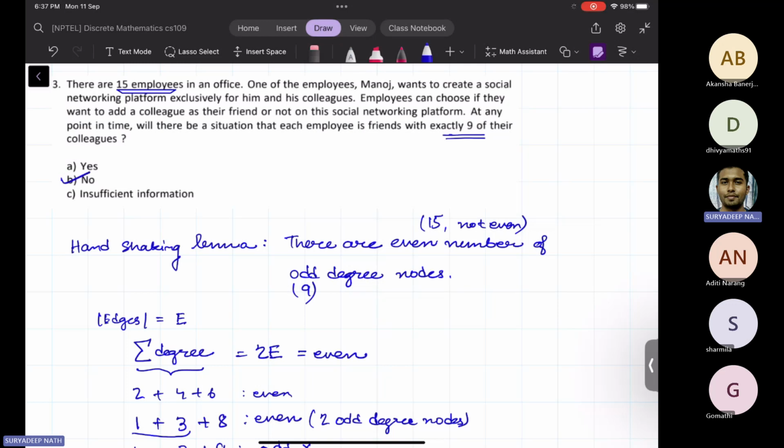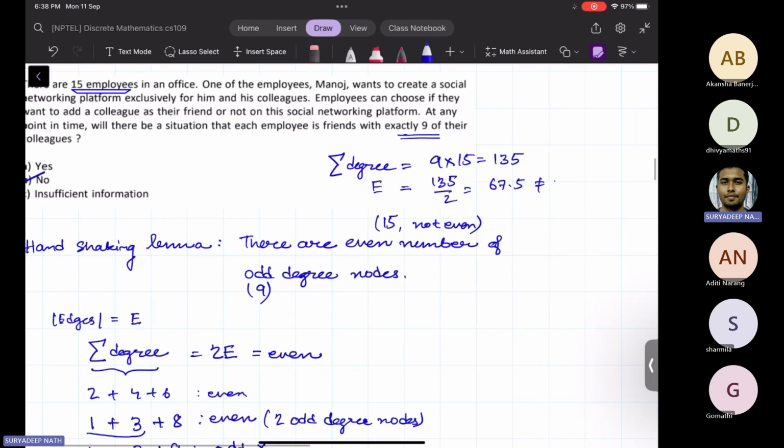What this means is that, suppose there were 15 employees and each had degree 9, so the sum of degrees would be 9 times 15, that is 135, and the number of edges would be half of that. This is 67.5, so it is not an integer. Edges can only exist as natural numbers, so you cannot have a half edge.